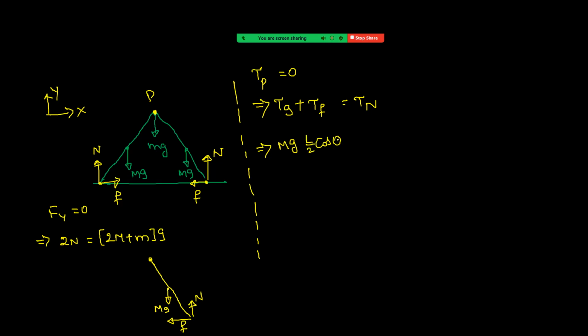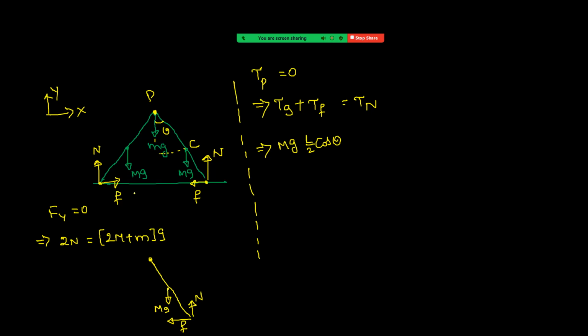See carefully, it is the midpoint. So this is P, this is C, PC is now L by 2. This is now given theta, right? So this separation is L by 2, right? Wait. I think I have drawn the diagram wrong, right?